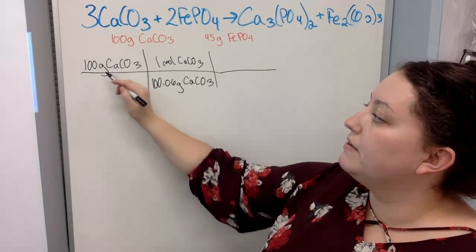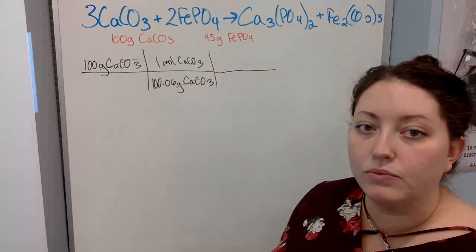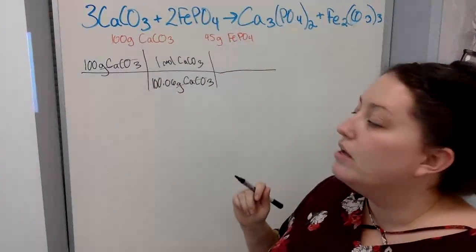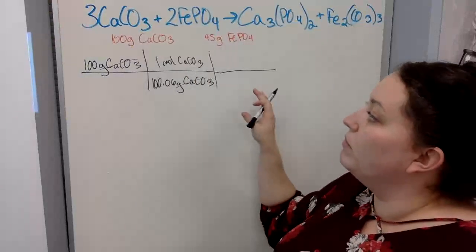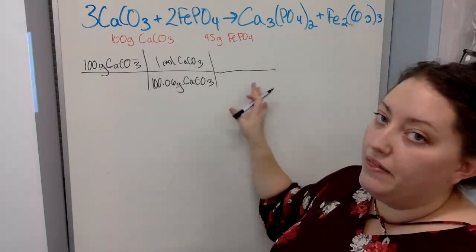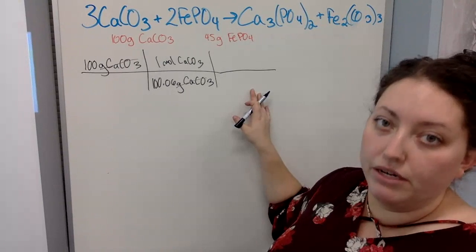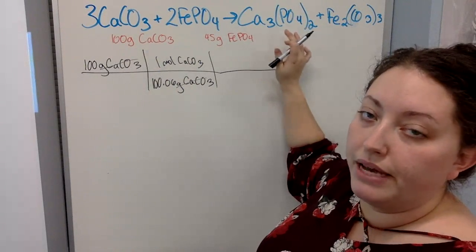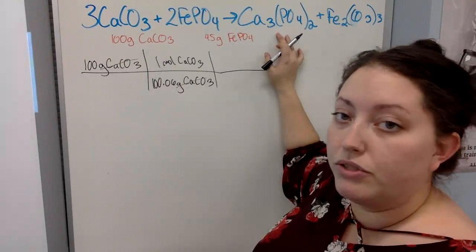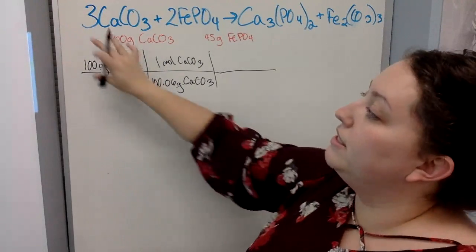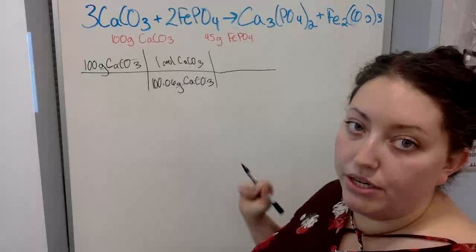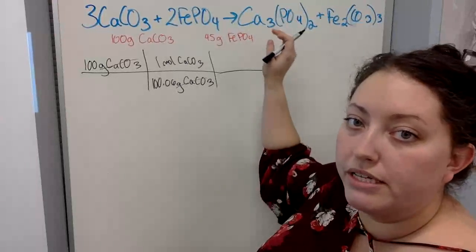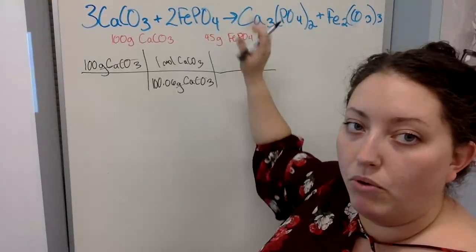All right, so now grams of calcium carbonate has canceled. We're in moles of calcium carbonate now. So you want to now pull moles of calcium carbonate down here, and this is our opportunity to use the mole ratio. We know that calcium carbonate compared to the calcium phosphate, which is what we're trying to turn it into, is a 3-to-1 ratio. Because there's no coefficient on this, that just means there's 1 mole of it.